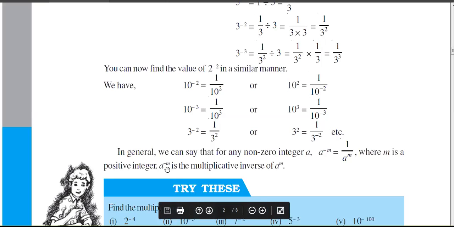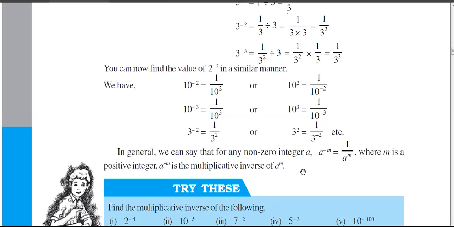So when you multiply A raised to the power minus m by A raised to the power m, you will get 1, because the base being the same, you will add the two exponents. The law of exponents says that when a^m is multiplied by a^n, m and n being different or equal, the result is a raised to the power m plus n.